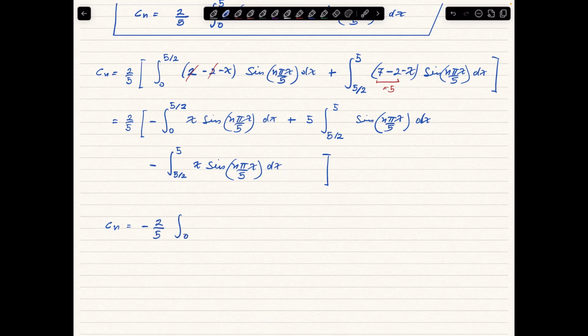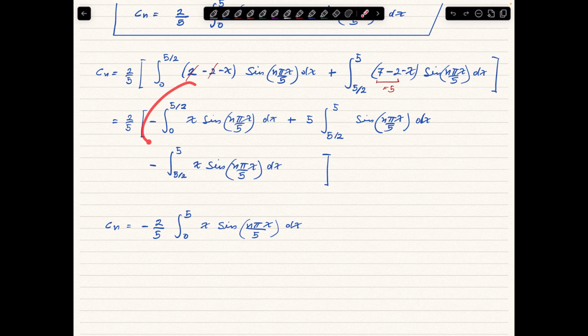negative 2 over 5 integral from 0 to 5 of x sine of n pi over 5 x dx.